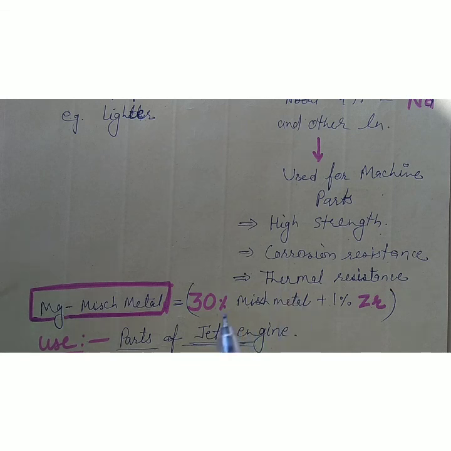Listen carefully: misch metal is very tough, has corrosion resistance and thermal resistance, its melting point is very high, and its conduction of electricity is also very high. So these are very important metals. It is a very important question: what are misch metals?